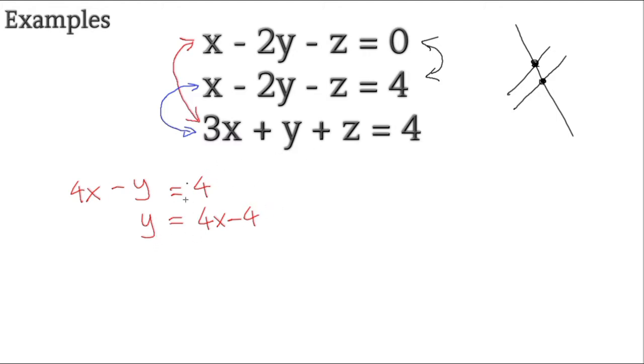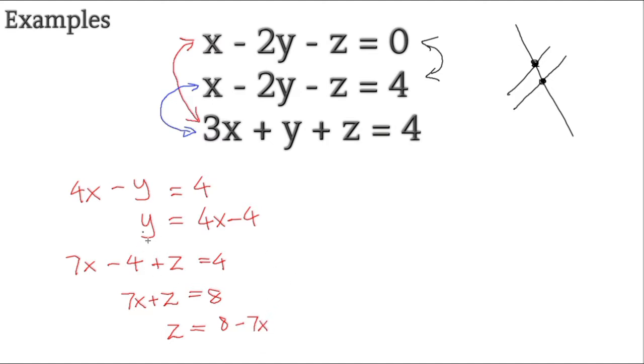We can substitute it in to get an xz equation. 3x plus 4x is 7x, then minus 4 plus 1 is minus 3, then we need to add z equals 4, which gives us 7x plus z equals 8, and we can now state z in terms of x is 8 minus 7x.